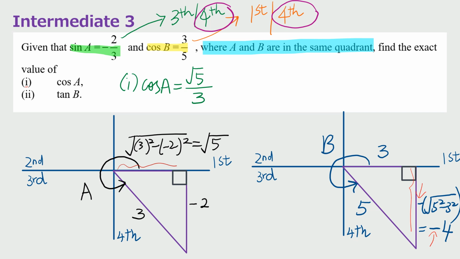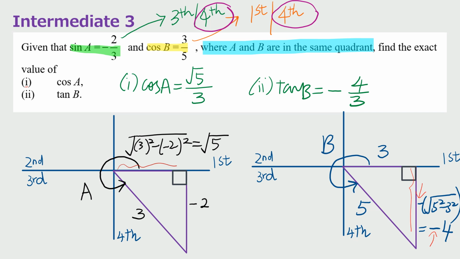Okay, with that we can find part I, which I've already shown you the answer a long time ago. Something wrong with the animation, but never mind. So cosine A is adjacent over hypo, so square root 5 over 3. Then tangent B will be opposite over adjacent. You have to look at the second diagram for the angle B, opposite, which is negative 4 over adjacent 3. Alright, so it kind of makes sense. Why does it make sense?